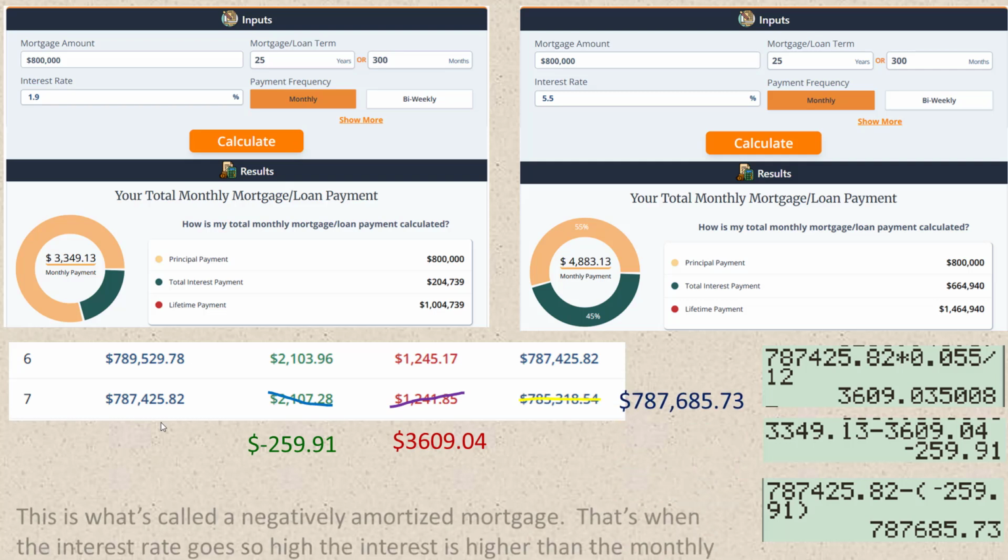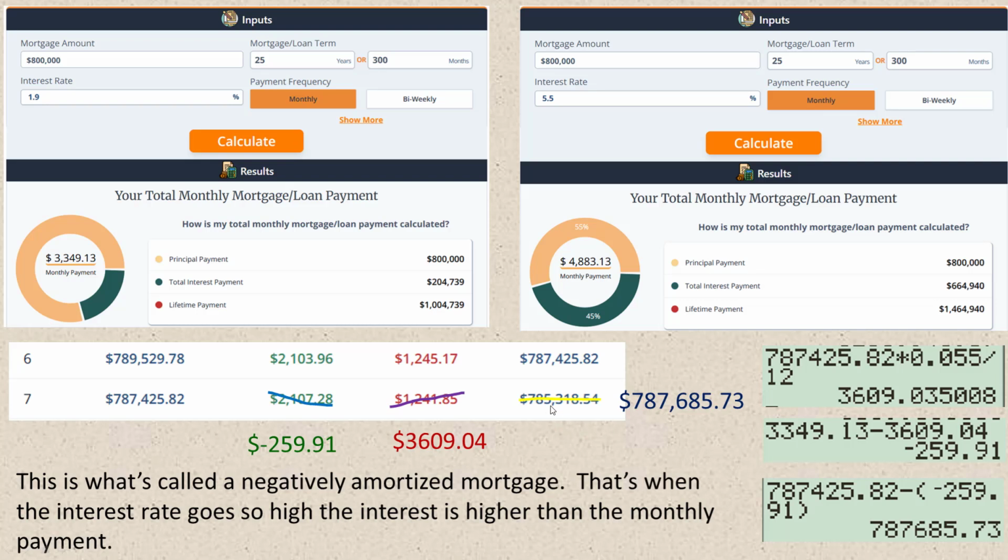Okay, so at the beginning of the next month, instead of 785,000, you owe 787,685. So this is what's called a negatively amortized mortgage. So if you have a variable rate mortgage and the interest rate fluctuates enough that it goes up so high that the interest you owe is higher than the monthly payment, then your principal is actually going up. You're not actually even paying enough interest to the bank, okay, because the interest rate has gone up so high.